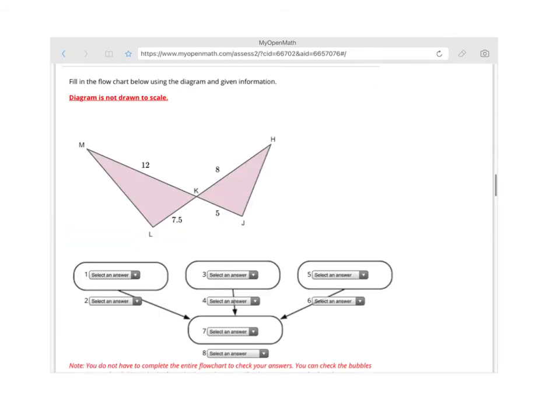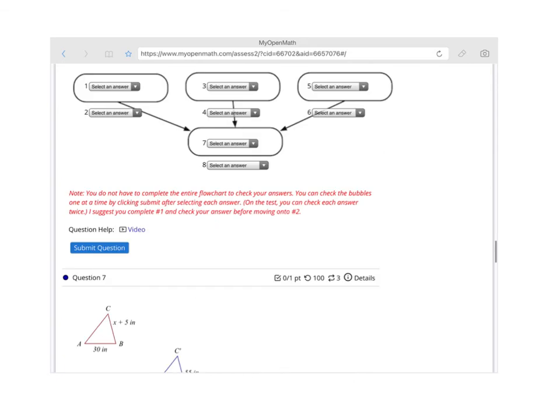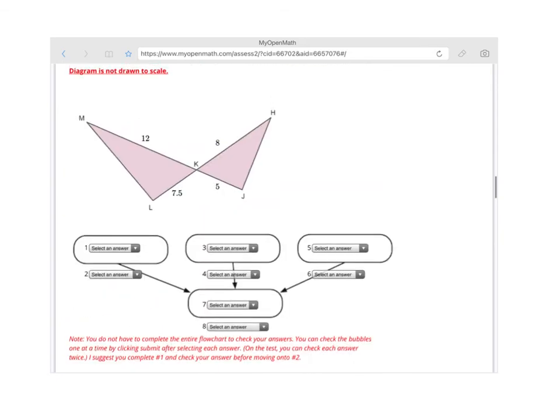Okay, and I just want to go through one more of these with you. Now, this one is actually going to be one where we're going to do a side, angle, side. So what happens here is that when I look at this side here and this side here, we have to determine which sides are corresponding.